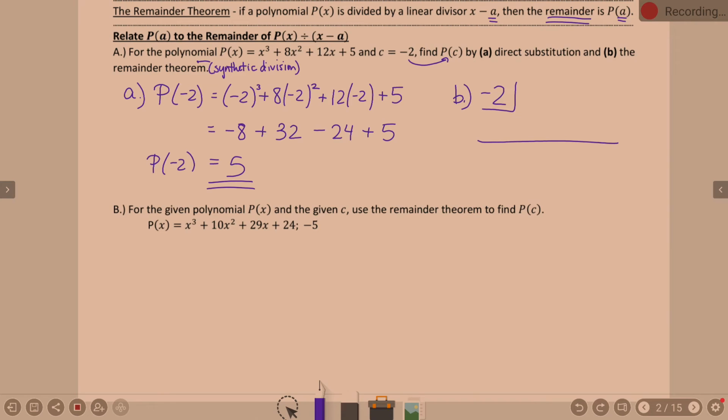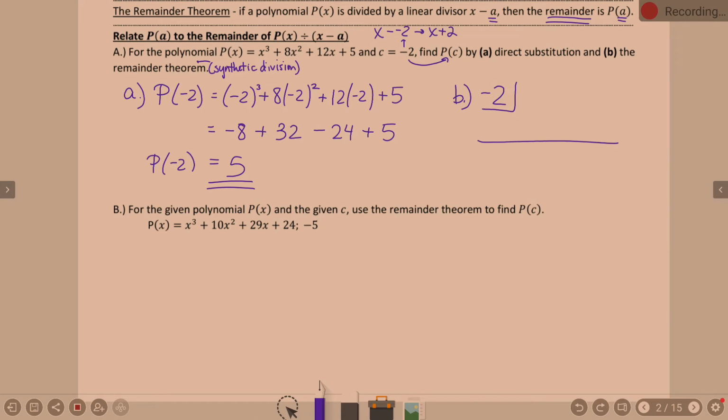Because this is representing x minus -2, which in other words is x plus 2. And if I told you x plus 2, what would you know to do? -2. You would change the sign. If they don't give it to you in that binomial form, you keep the sign you're already at. So we're going to use -2.